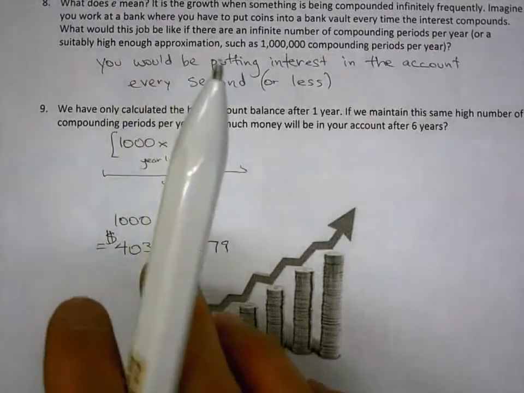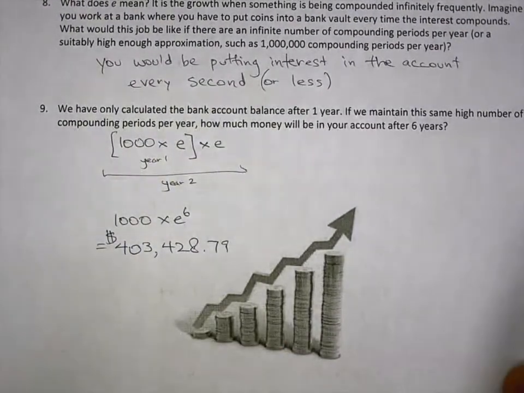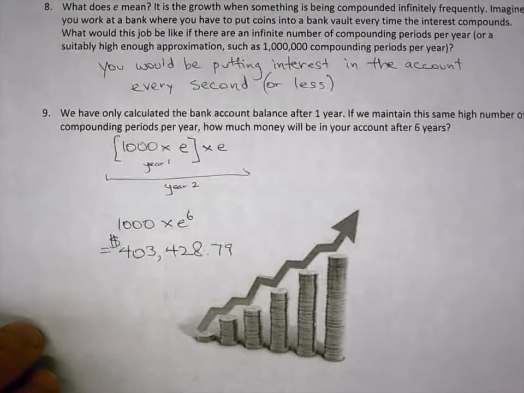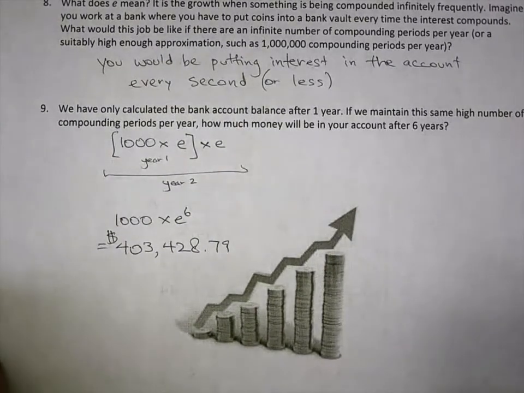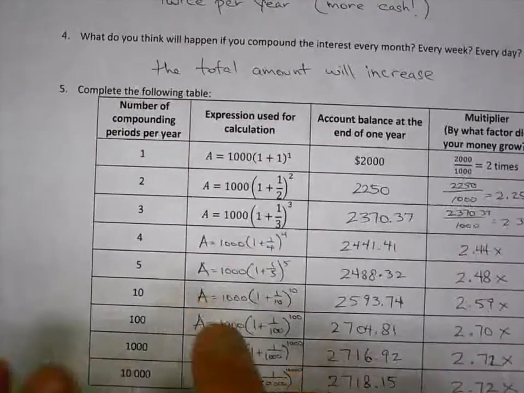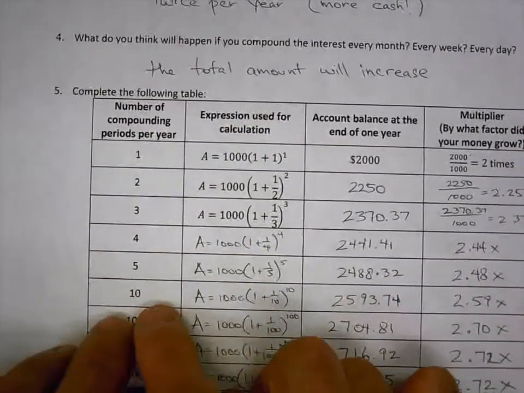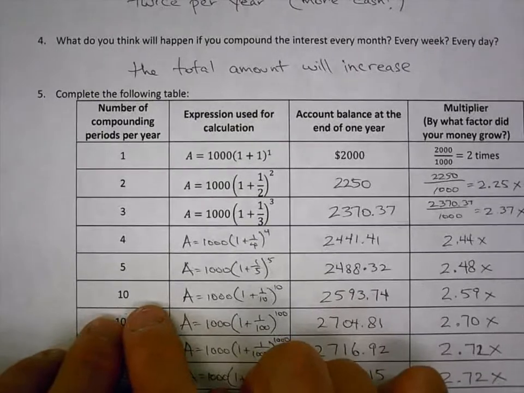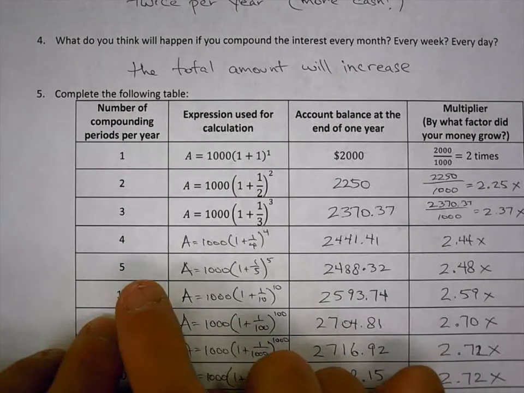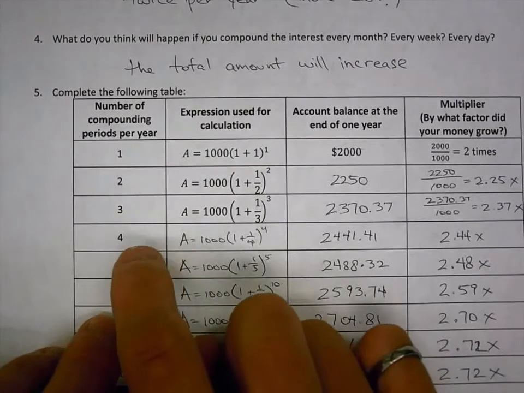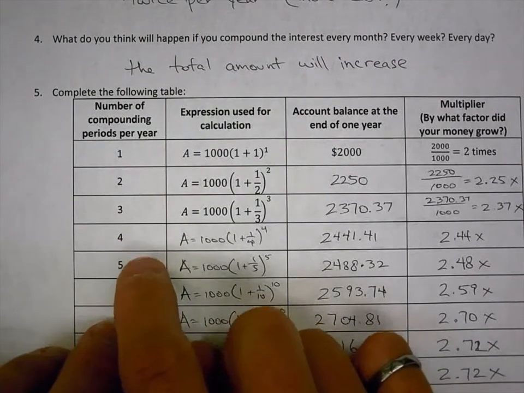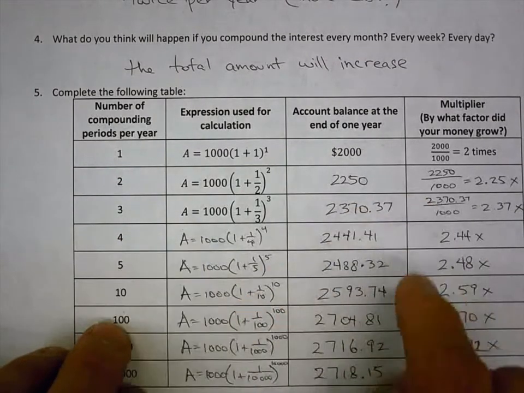You're going to see a lot of e in the coming year. This is where it comes from, this idea of compounding very frequently. Just to link it to real life, when we have a mortgage for our house, you can choose to pay interest every month. You can choose to pay interest every year. It's a different amount of interest, right?